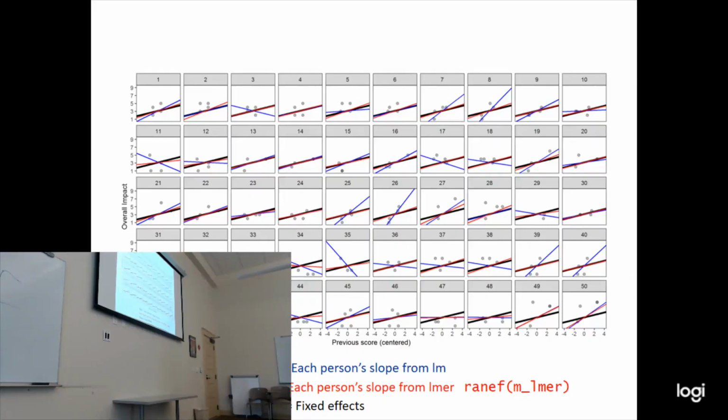There's even proof about it. So lmer is doing something that's different from what lm does, and it moves some of these lines farther away from the points. And the direction that it moves those individual lines is towards the fixed effects, towards that common slope. Yeah, it's a great observation.